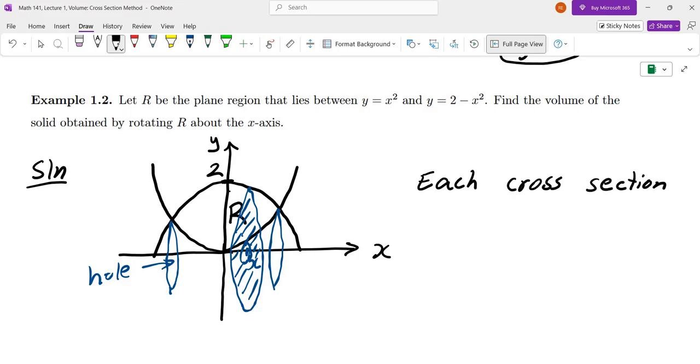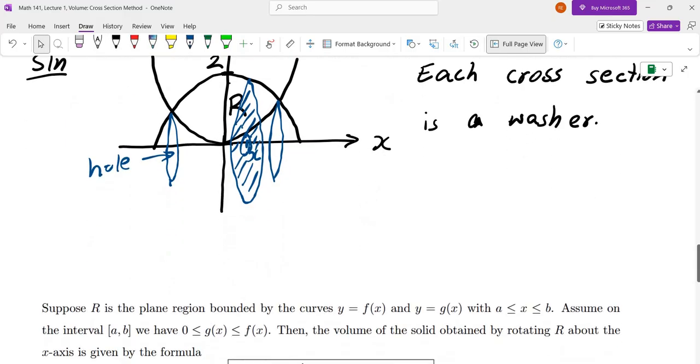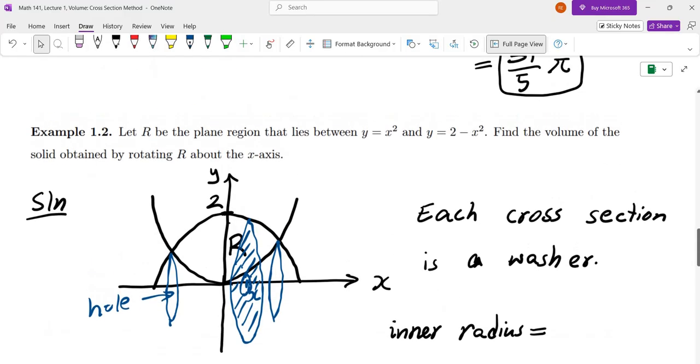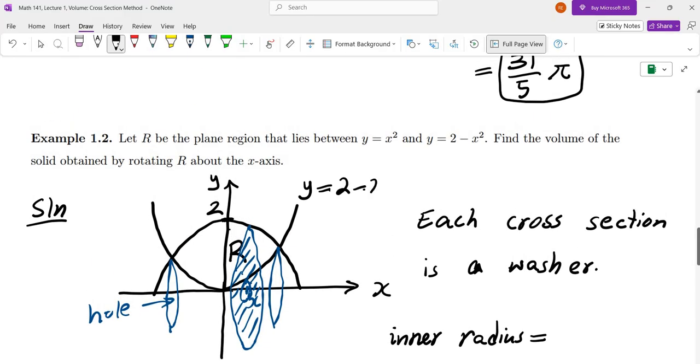Now, in order to figure out the area of each washer, we need to find the inner radius and the outer radius. So what is the inner radius? The inner radius is y equals x squared. It comes from that function. And the outer radius is y equals 2 minus x squared.